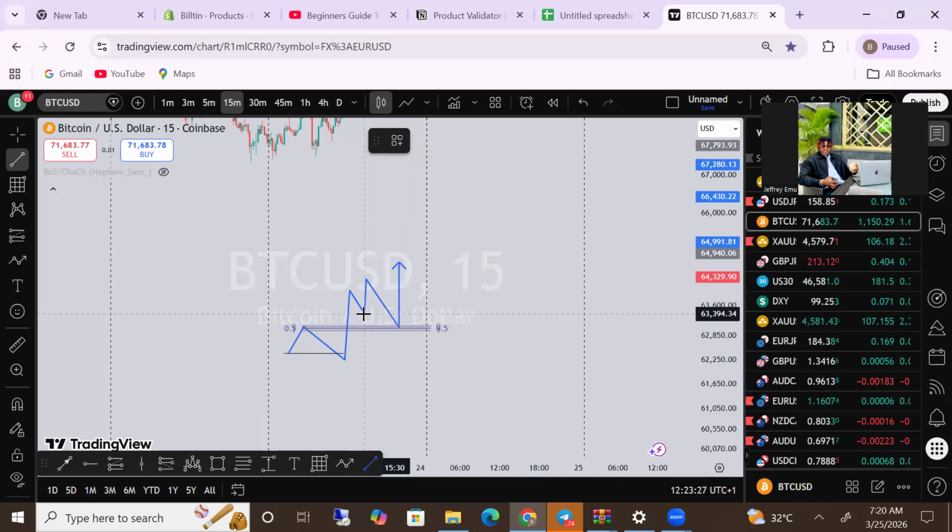So that's liquidity. It's a form of market structure that tells you that there are traders that have not met this point of interest. Those traders are going to be liquidated because they tried selling down to this point to be able to buy up, but they failed to. So these people that are buying from here have their stop loss sitting below here.